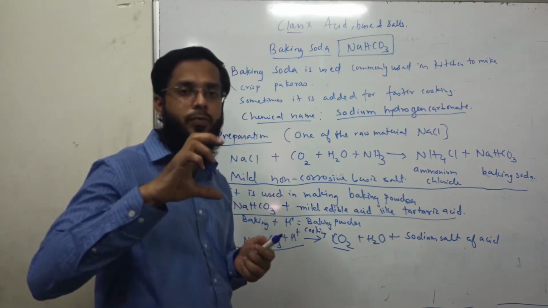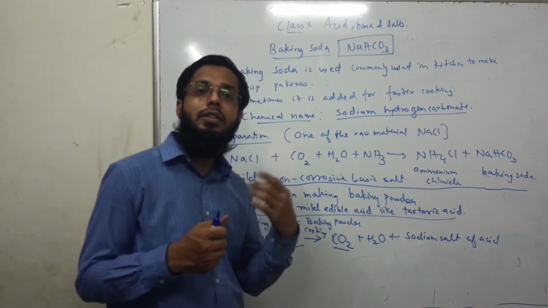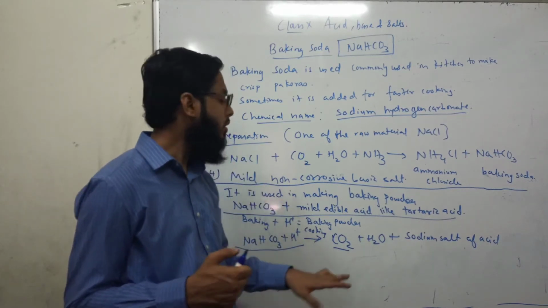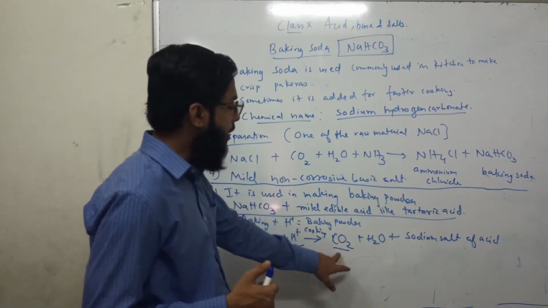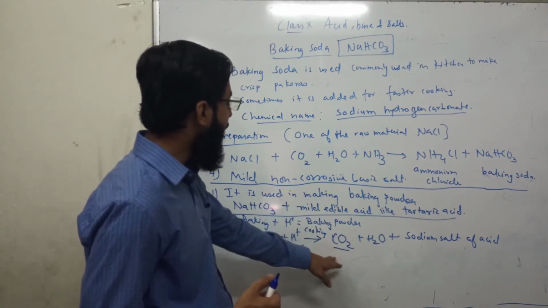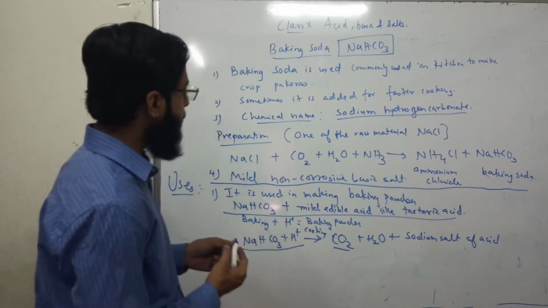It gets fluffy, like khaman and dhokla. These things get fluffy because of the carbon dioxide produced during cooking, which makes the bread or cake rise and become soft and spongy.